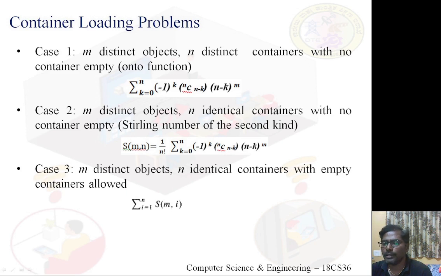I mean the number of ways of filling m distinct objects among n distinct containers with no container left empty is nothing but the number of onto functions that are possible from a set consisting of m objects to a set consisting of n containers.